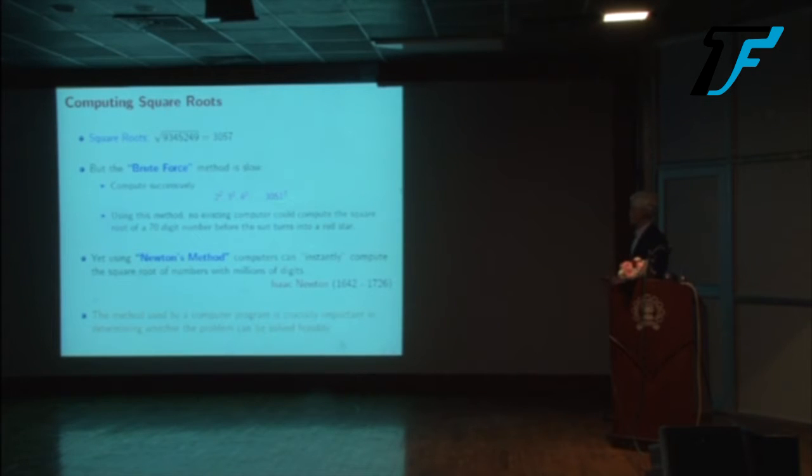You successively square every number until you find the square exceeds the number you're trying to find the square root of. So if you have 100 decimal digits, no computer is ever going to do that before the universe expires using this method. But of course, there are other very fast methods for finding square roots.